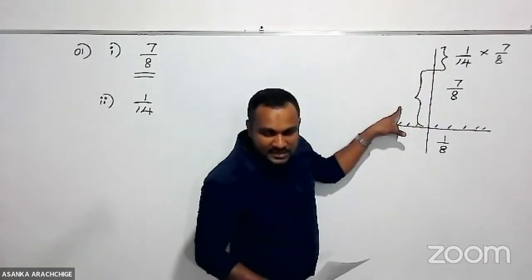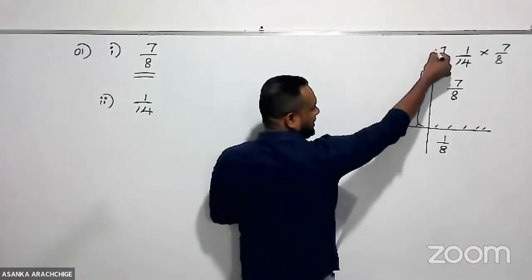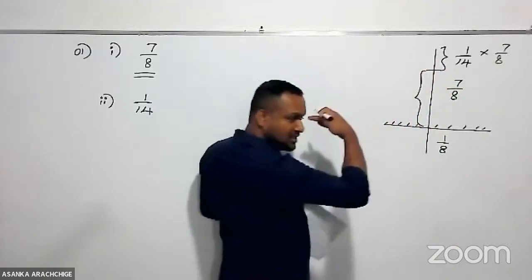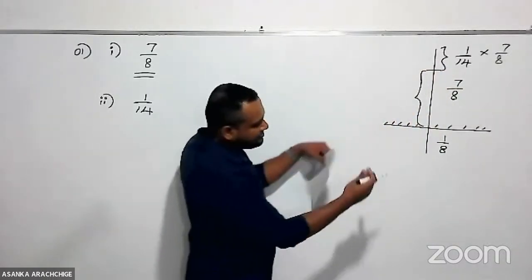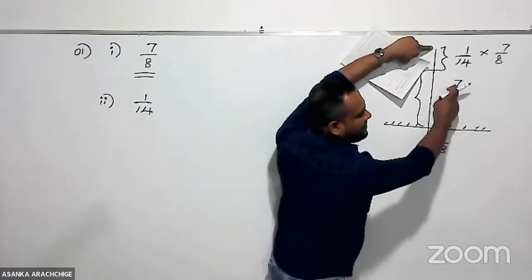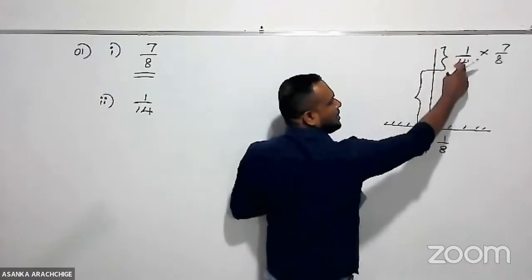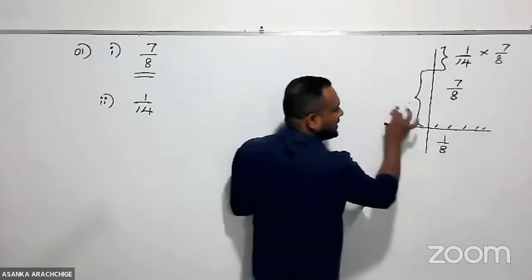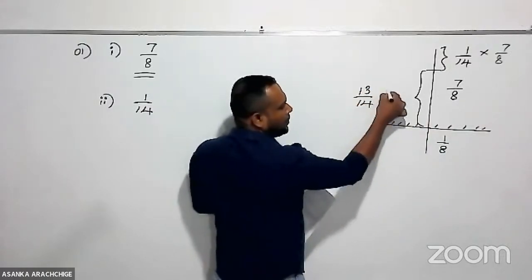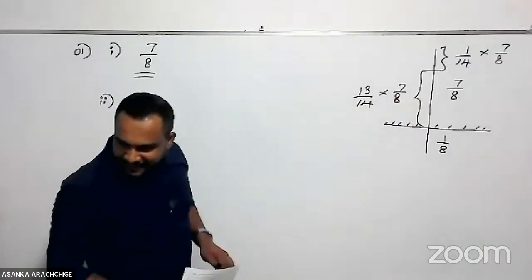Can you understand what I say? Now the total above is 7/8, and out of that, 1/14 is cut off. The total part of the beetle tree above the ground level is 7/8. Out of that part, 1/14 is cut off. Therefore, the remainder must be 13/14 times 7/8. Is that clear?